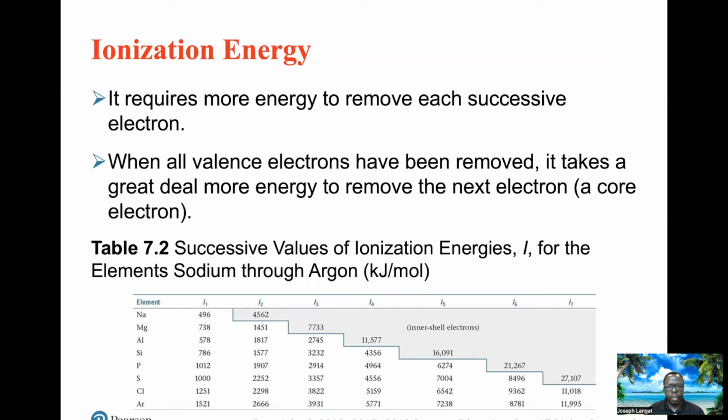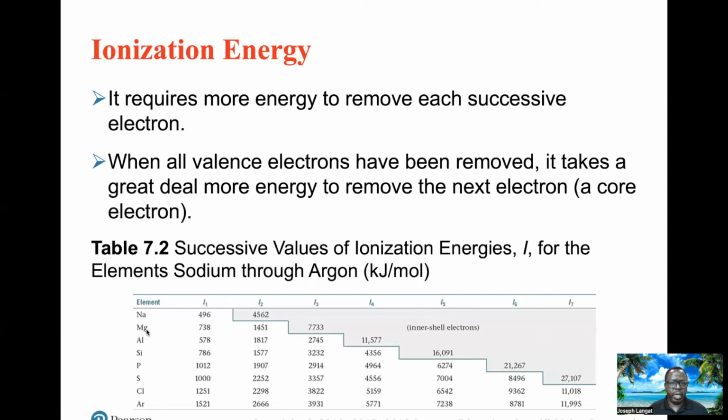Look at bullet point number 1. With respect to ionization, it requires more energy to remove successive electrons. For sodium, from 496 to 4,562 successively, because we are removing the core electron.